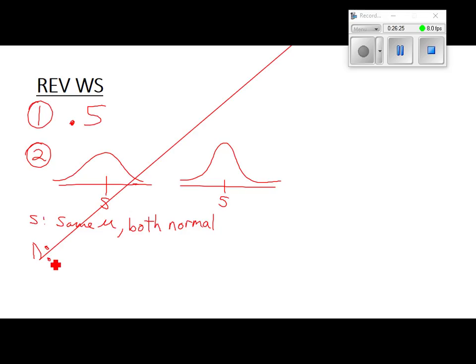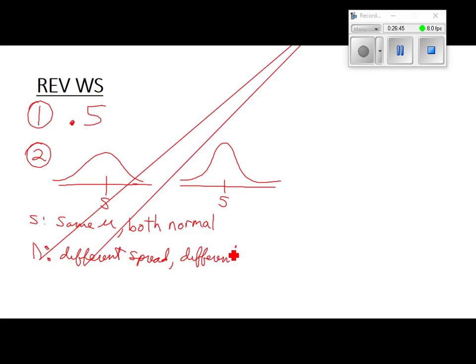Slimmer. They're different sizes. All right, so different spread. What causes that different spread? Different standard deviation.